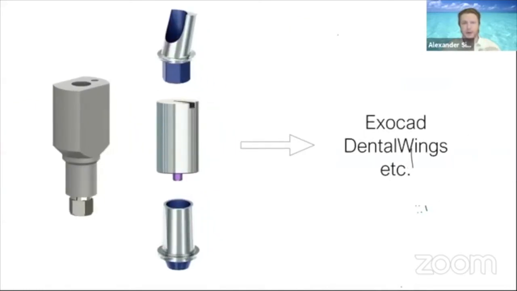For non-CEREC, for open system workflow, I repeat this slide, we can use a scan abutment for open systems. We can use any type of superstructure, and we can use any software. It's up to you. Of course, we can scan this scan post, this scan abutment, with any scanner. I'm using the CEREC scanner.